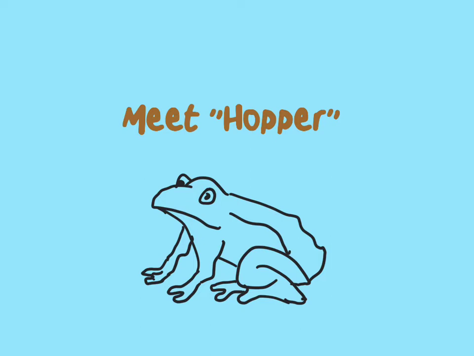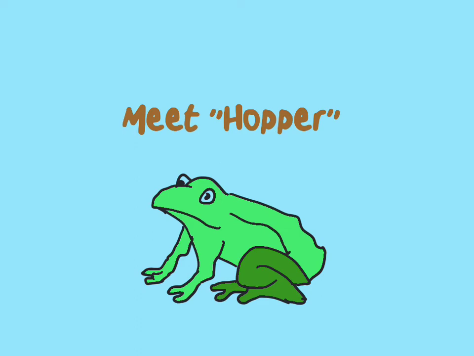So we're going to be having that discussion while talking about hopper. Hopper is a frog. It's not too important what type of frog that hopper is right now. I'm just doing the eyes and the feet, and then I'll add a little bit of color, and then we'll get straight to our discussion.